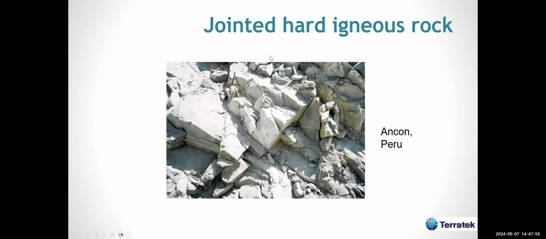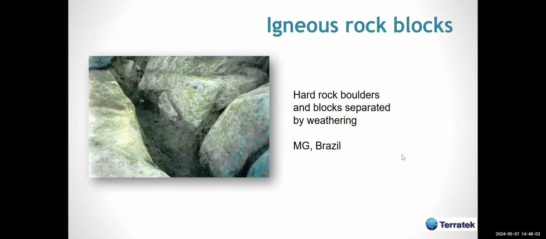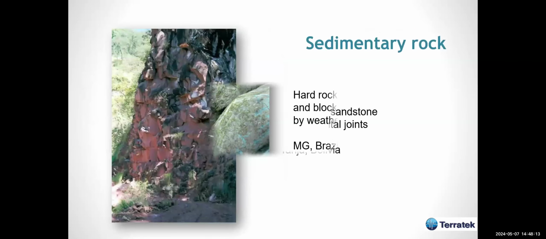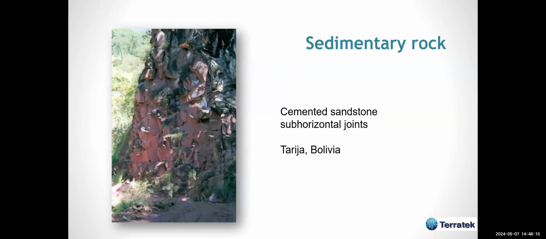This is an example of jointed hard igneous rock from Ancon, Peru. These are igneous rock blocks, hard rock boulders and blocks separated by weathering. This is from Minas Gerais in Brazil. Okay. These are sedimentary rocks, cemented sandstone with subhorizontal joints, from Tarija in Bolivia.